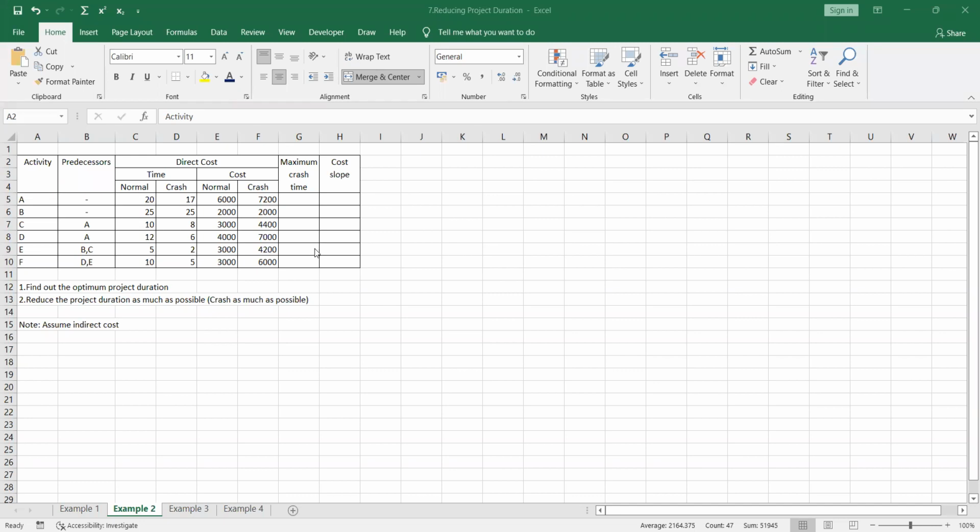Right. Please write down this question. And while you are writing down this question, it is better to draw the project. So after you have finished writing down this question, please let me know.